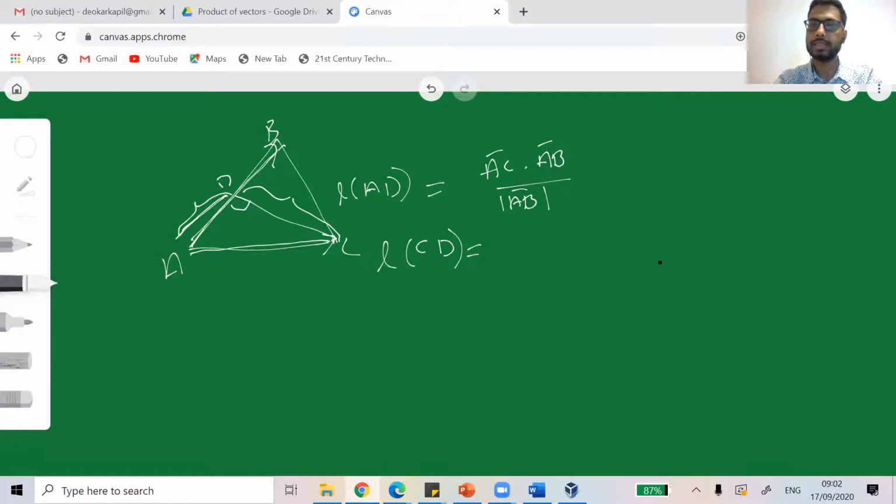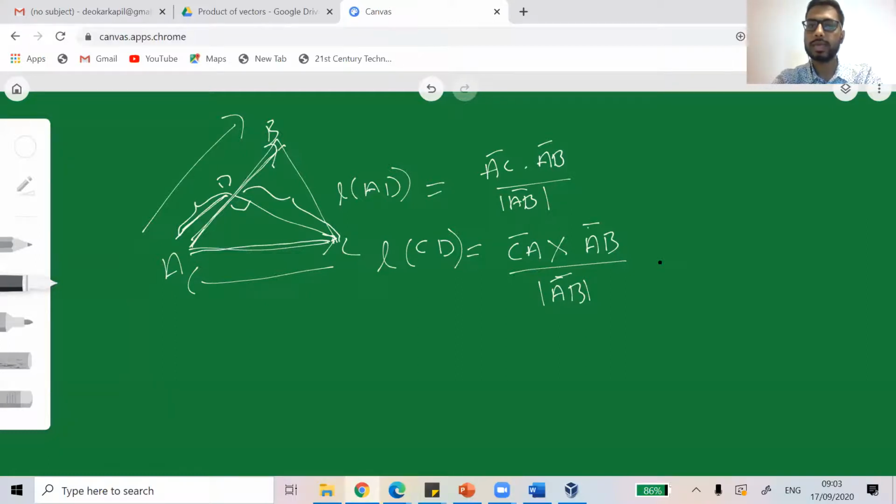So the length of CD is going to be equal to the CA vector cross product with the projecting side, which is AB, and divided by the magnitude of AB, since the projection is onto side AB. So the questions might come in this way.